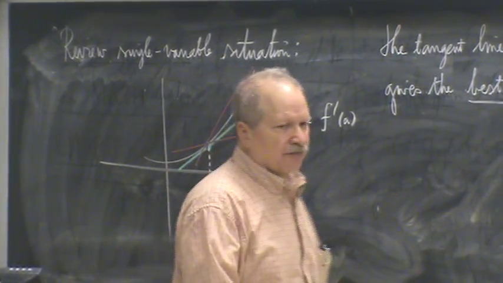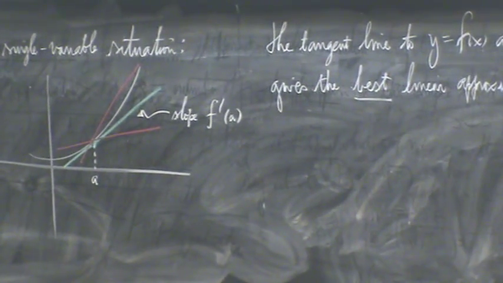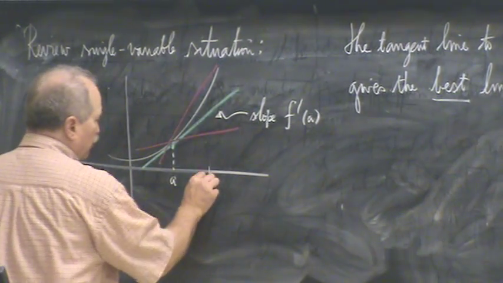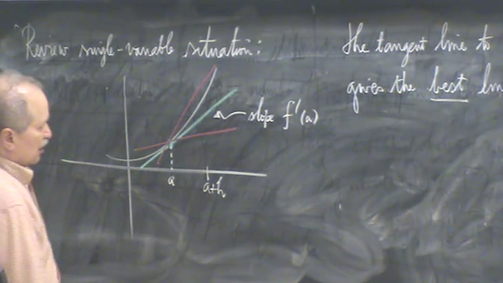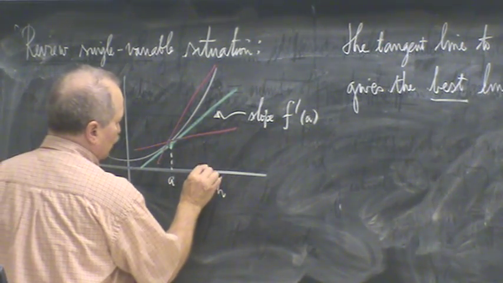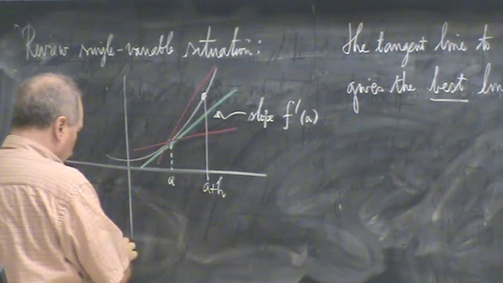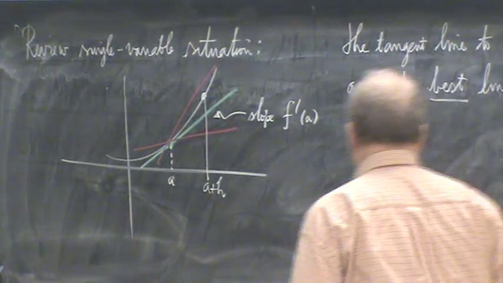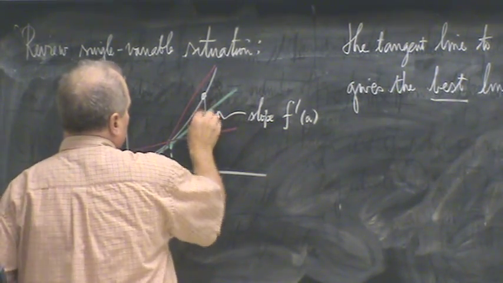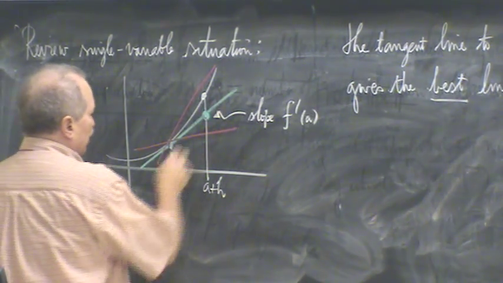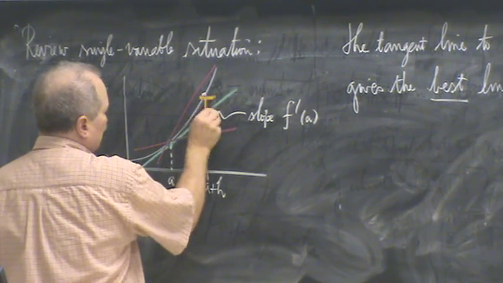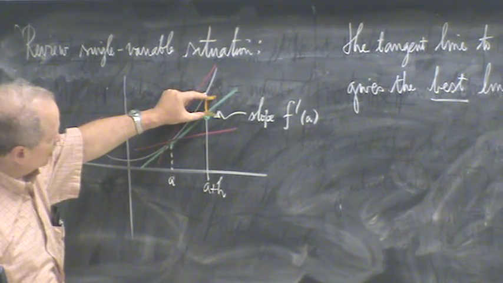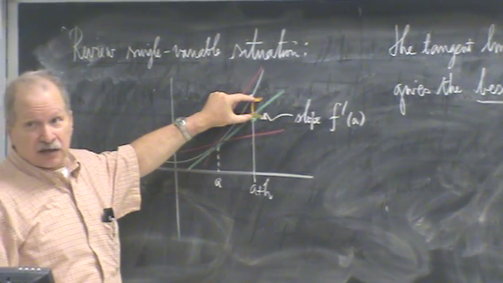He's saying the error. So if you actually examine the error, if you're at a nearby point a plus h, and you look at the value of the function, and then you look at the approximate value you're getting from the tangent line, you have an actual error between the actual value of the function and the value on the tangent line.